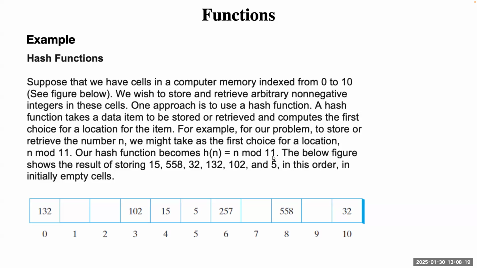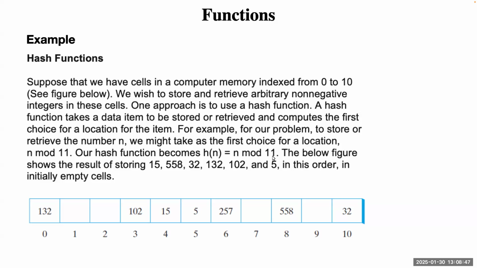It turns out, as some mathematicians have shown, that for a function like n mod 11, as long as that mod number, in this case 11, is a prime number, that will minimize your probability of collisions. You could mod any number, you could mod 12, but probably you're going to have more collisions with numbers in a modded 12 array versus a modded 11 array or a modded 13 array.